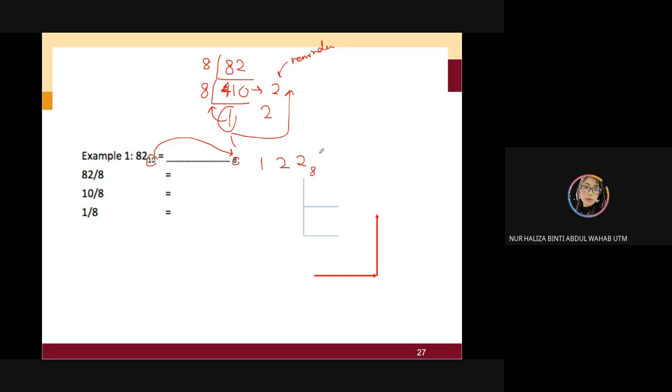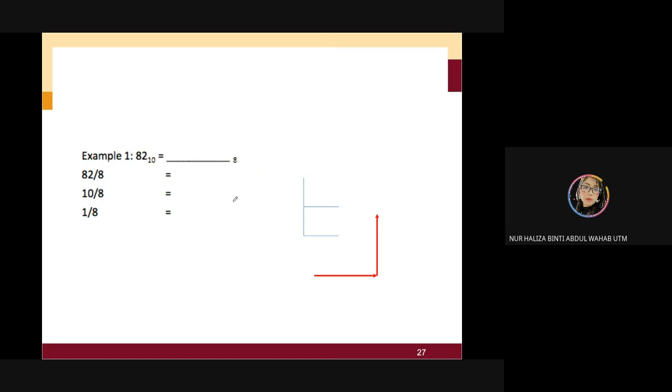So let's take a look at a proper picture rather than my rough, ugly handwriting. Let's say you have 82, you divide by 8, and you get 10, because 10 times 8 gives you 80.